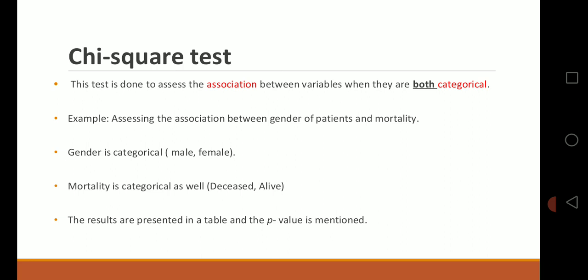طيب, the example. مثلا, for example, assessment of the association between gender of patients and mortality. تمام. جينا سألنا سؤال زي ده. We said that we want to assess the association between gender of patients and mortality.